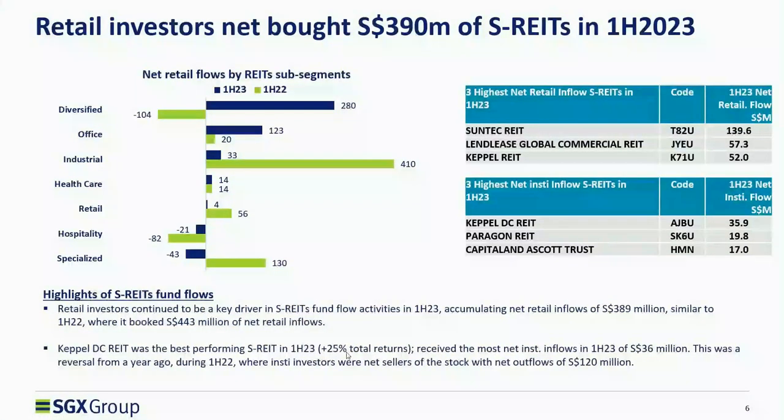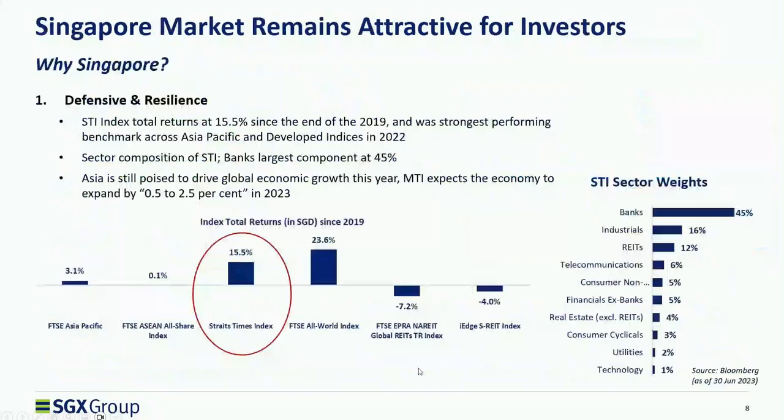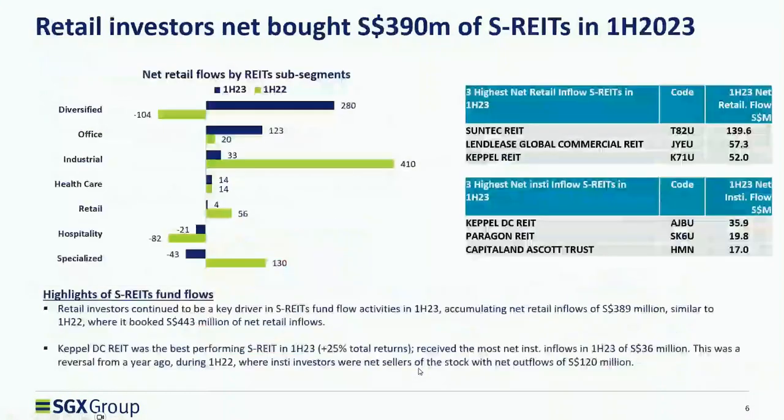And interestingly, from what we have seen, Keppel DC REIT just announced results yesterday. Gross revenue grew by about 3.6% year on year, and they said the higher revenue was contributed by the recent acquisition of data centers in China.